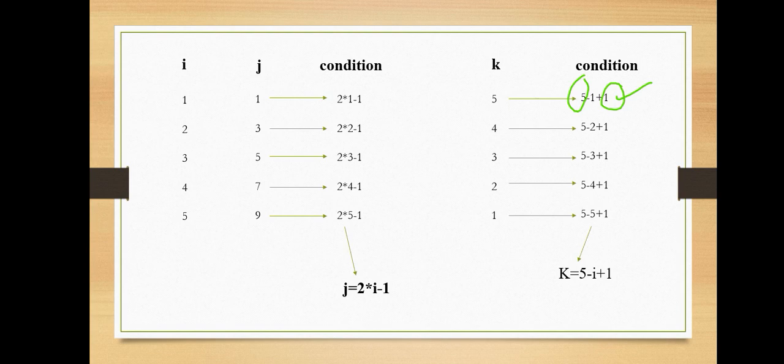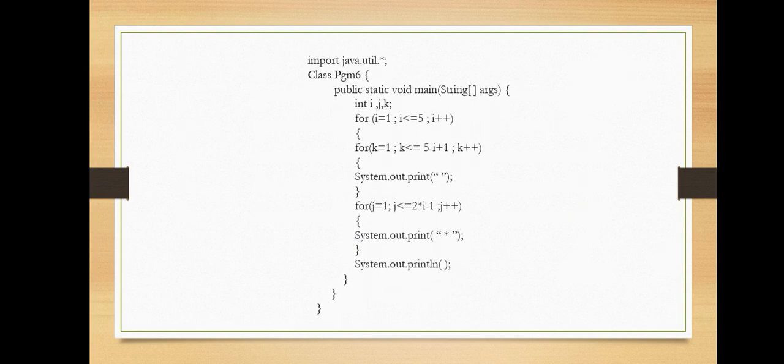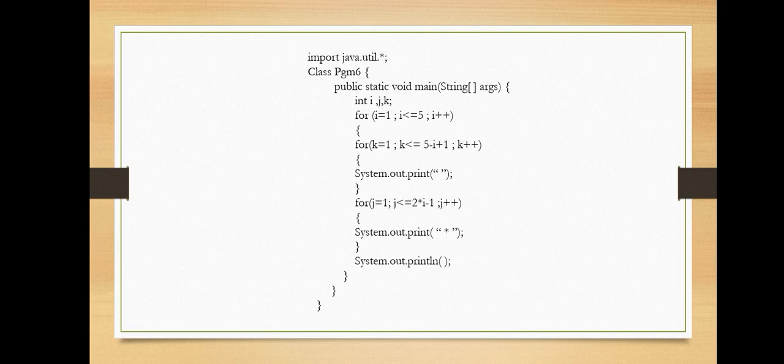These are the two conditions you need to use, and I think you all know the code. It is very easy for patterns. See here, import java.util.*, or you can use the Scanner class, and then the class name is your wish, but the starting letter should be capital, and then public static void main String args.